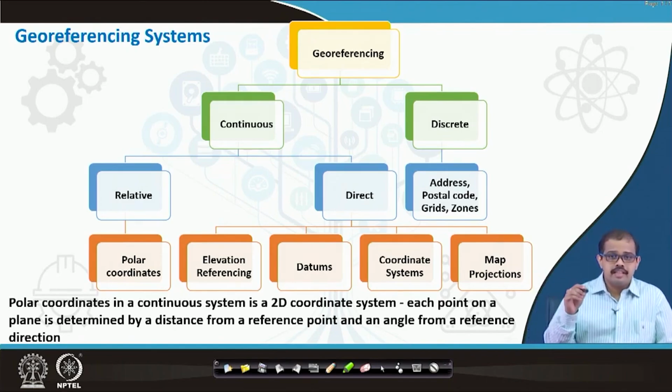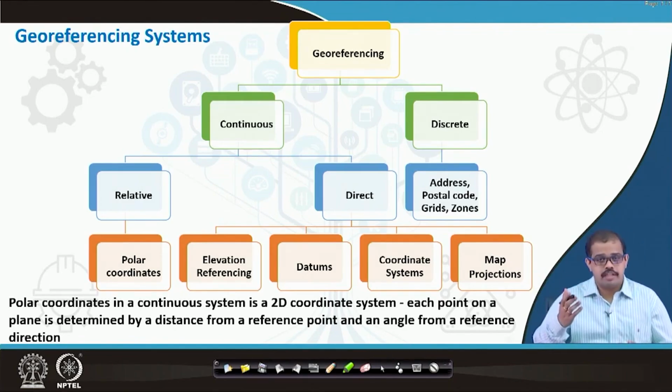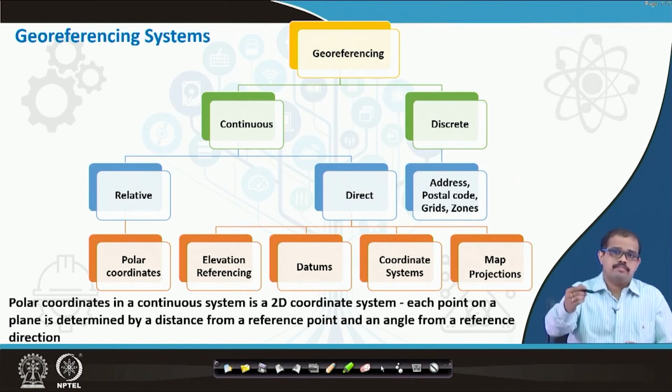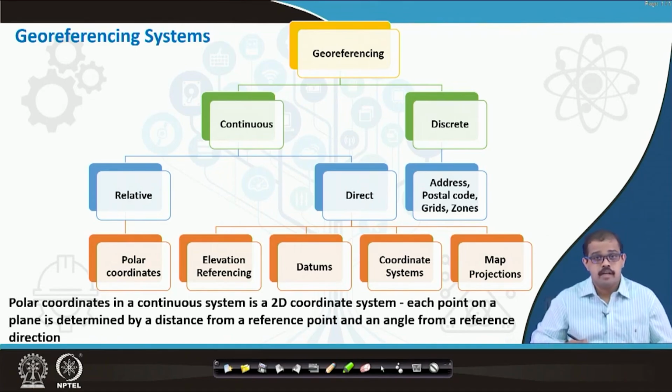So using this, you do polar coordinates. If you look at your Cartesian coordinate system, you use the reference system to look at the position of a point on a particular plane. So that is nothing but your planar coordinates.